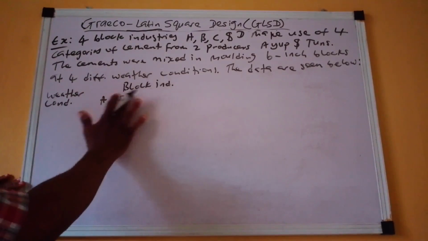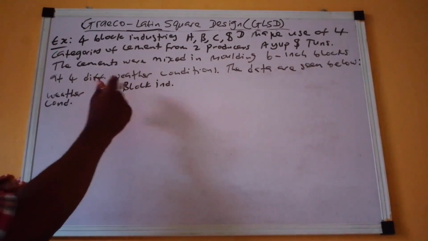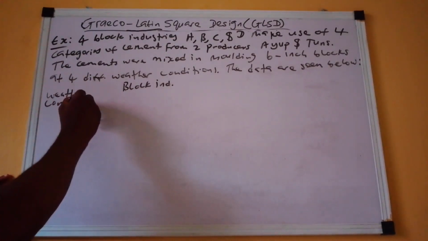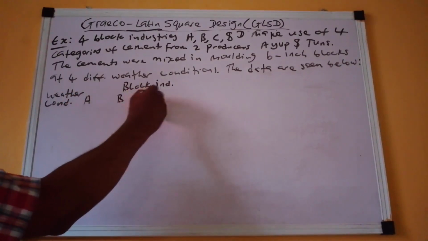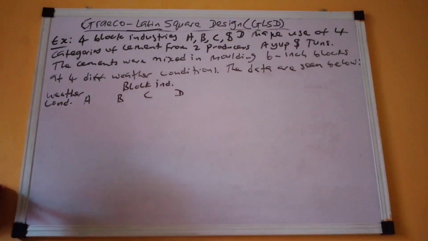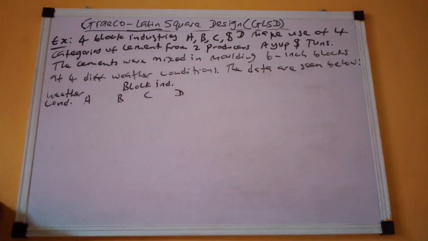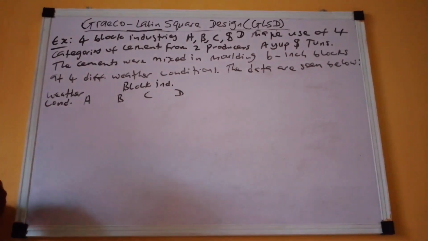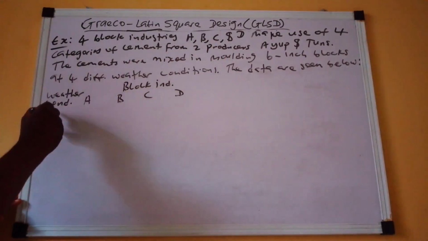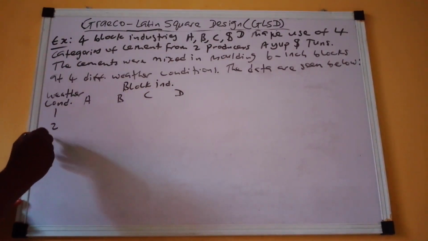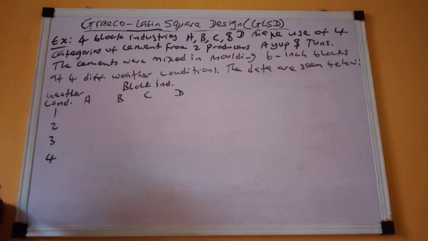The block industries are A, B, C, and D. The block industries are 4. The weather conditions are also 4, named 1, 2, 3, and 4.